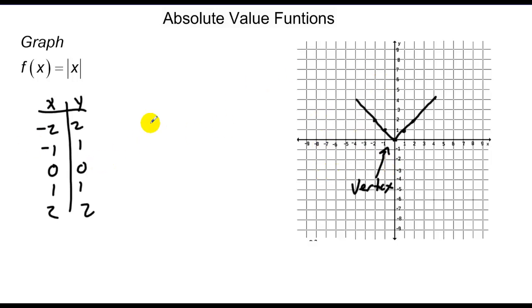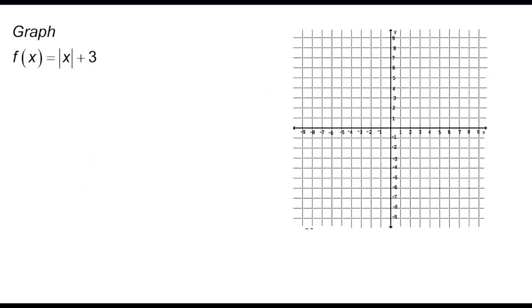Now, if I were to graph y equals the absolute value of x plus 3, I'm going to plug in those same values and notice what happens. Again, we'll do this without a calculator because it's really not that difficult at this point. -2, -1, 0, 1, and 2.